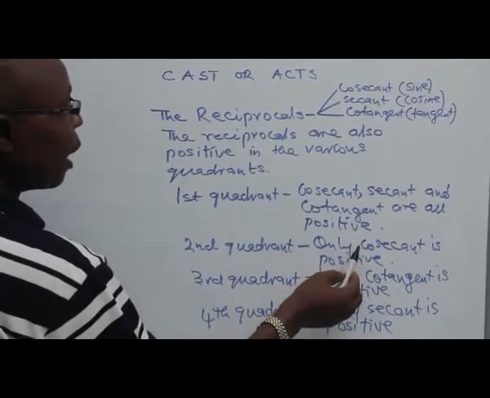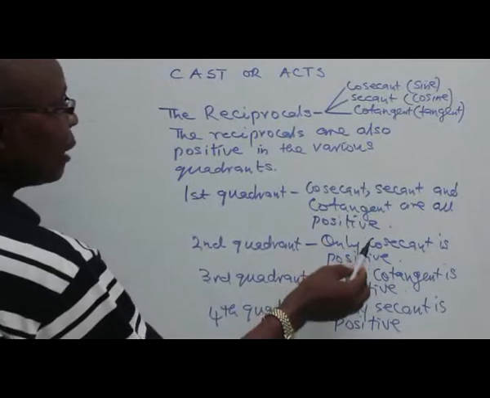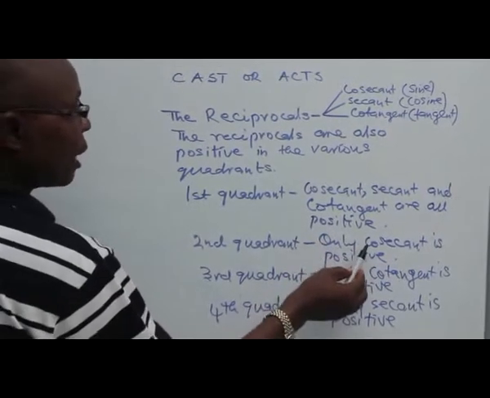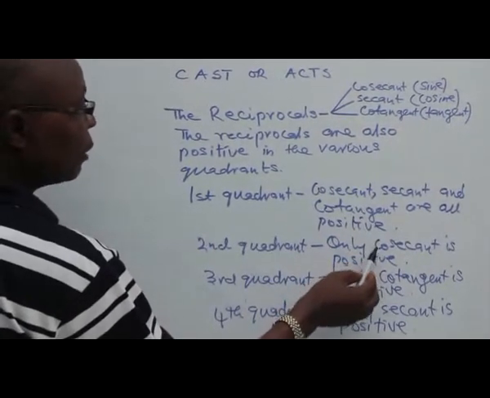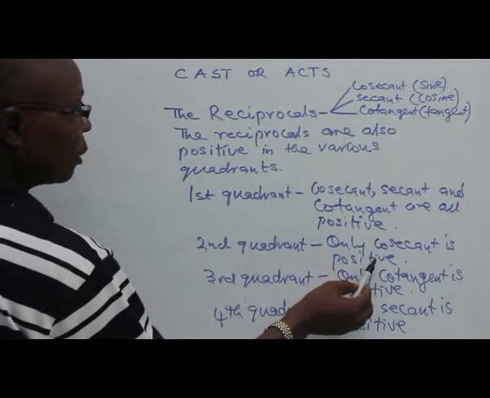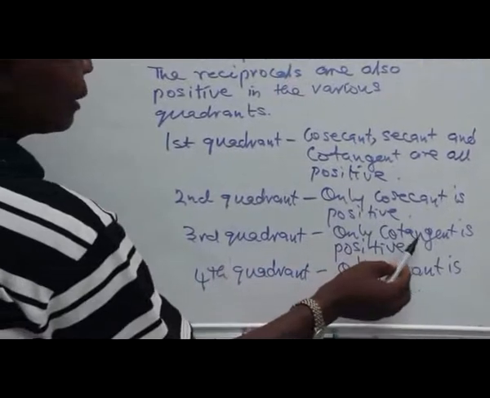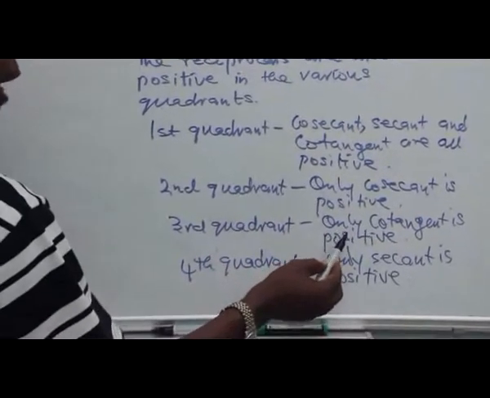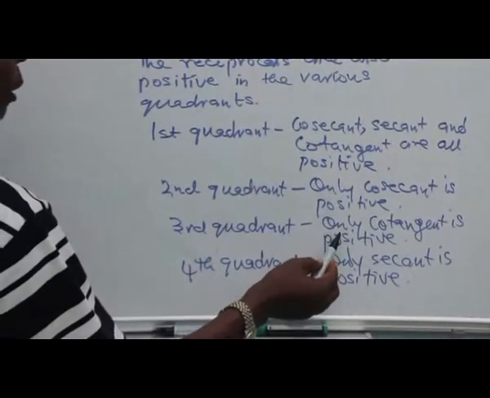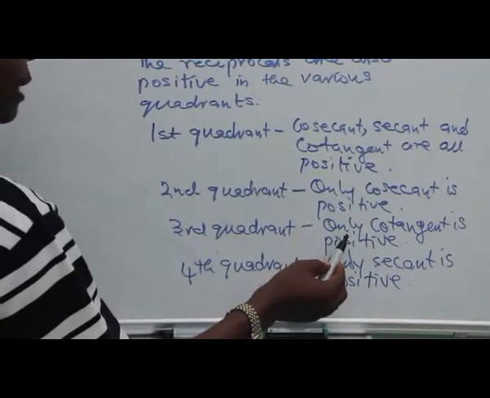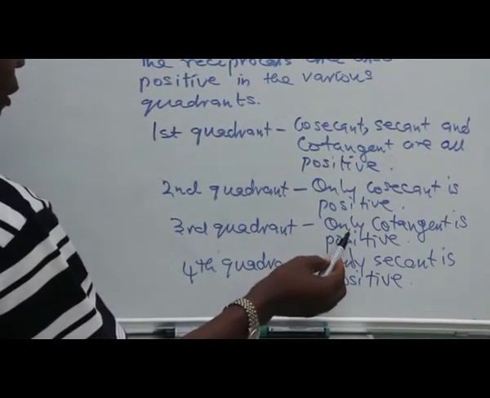Cosecant is the reciprocal of sine. So as sine is positive, so also cosecant, the reciprocal of sine, is positive in the second quadrant. Third quadrant, only cotangent is positive. Just like tangent is positive in the third quadrant, so also cotangent is positive in the third quadrant.